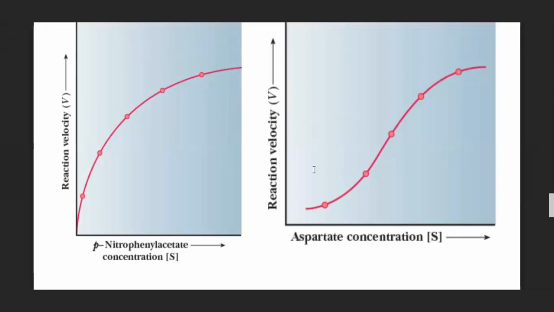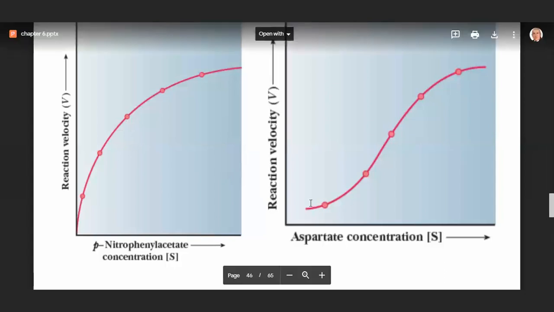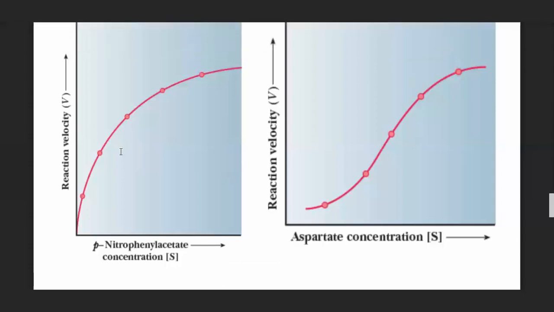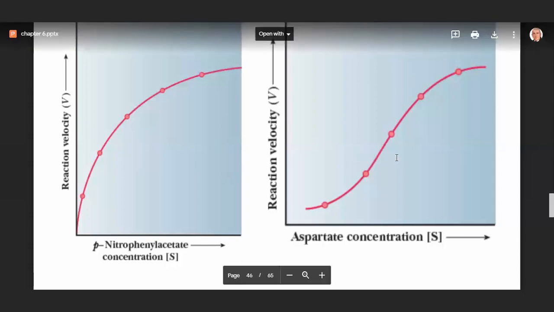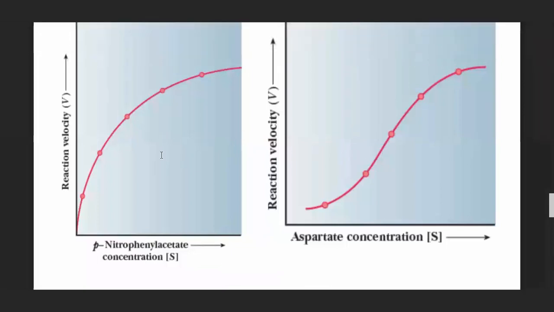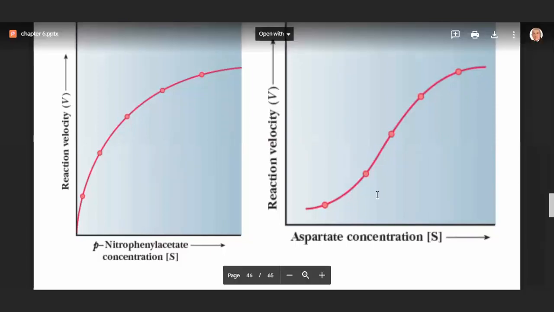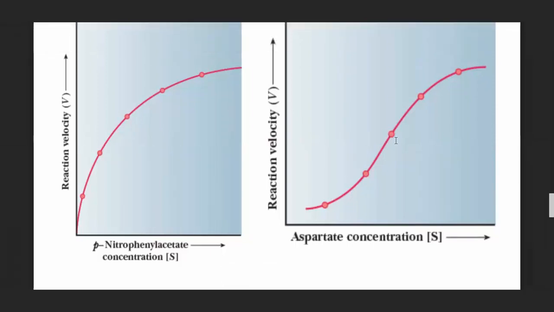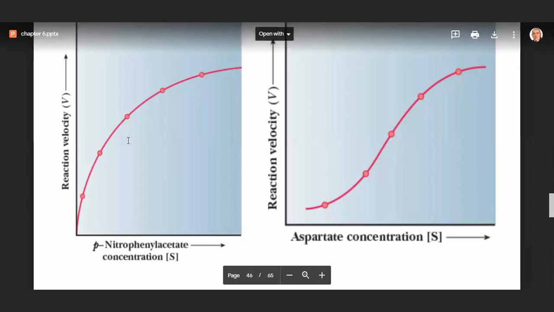Okay, so what does this plot remind you of in protein when we talked in chapter 4? And what does this plot remind you of? Which one resembles the myoglobin oxygen binding curve, and which one resembles hemoglobin? So in chapter 4, we found that ATCase and hemoglobin are allosteric proteins, whereas chymotrypsin and myoglobin are not.